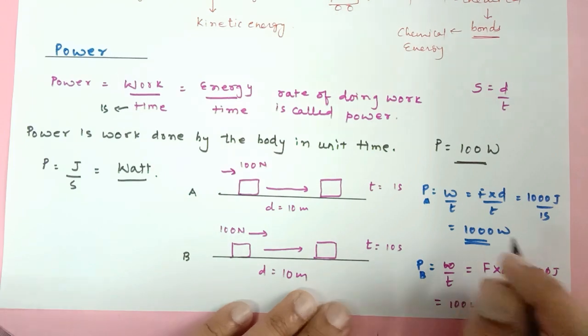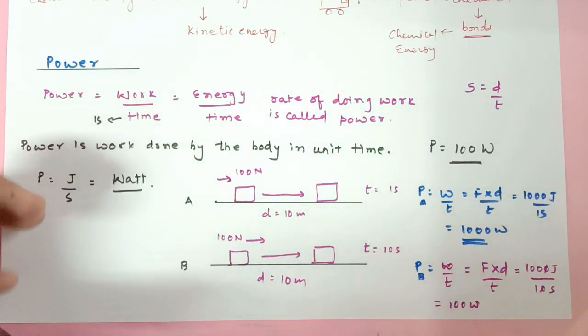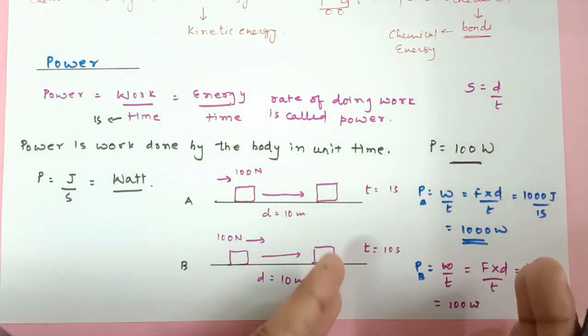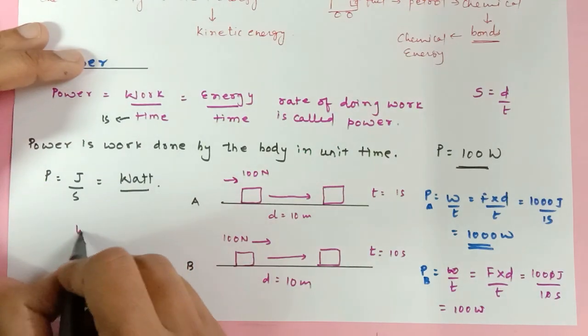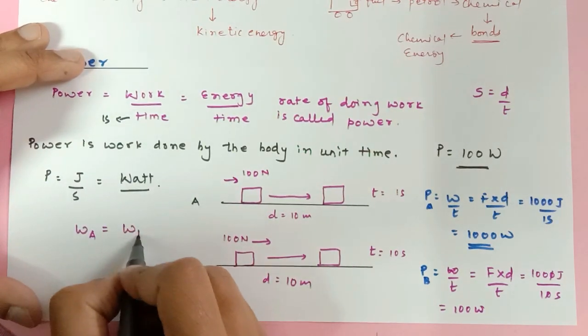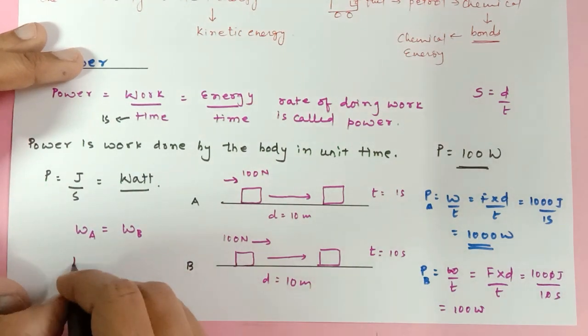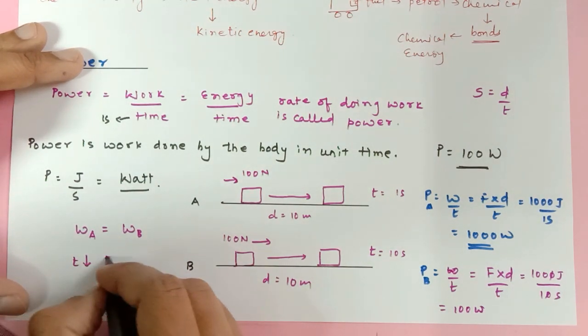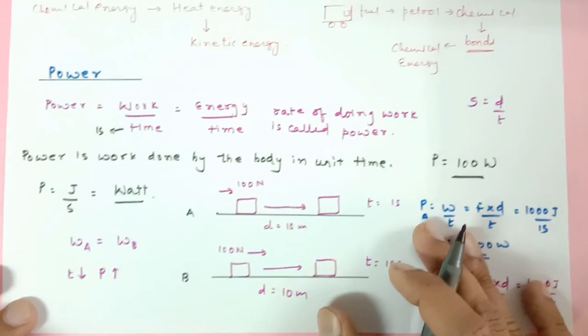Look people, that means if you want to do things faster, you have to use more of your body energy in less time. So in both situations, work done is the same. If you look carefully, work done in A and work done in B are the same, because it is 1000 joule. But the lesser the time, the more the power, because power and time are inversely proportional.